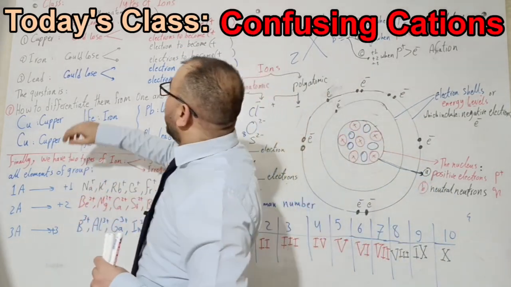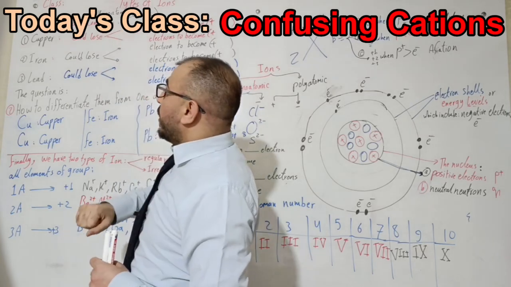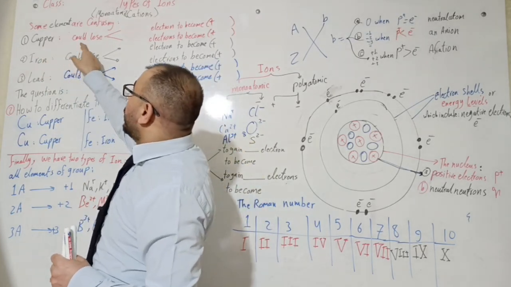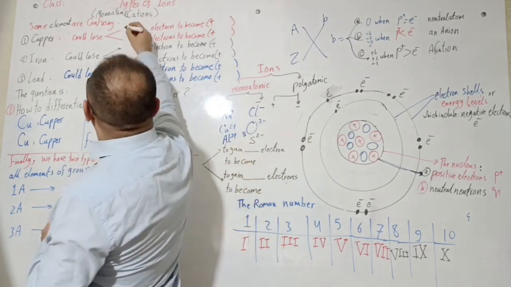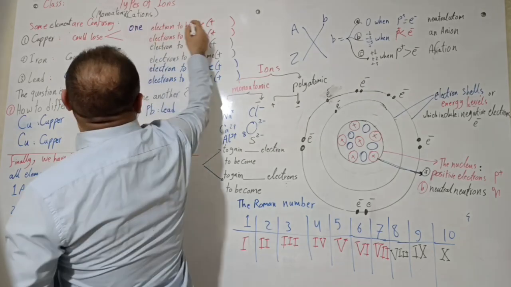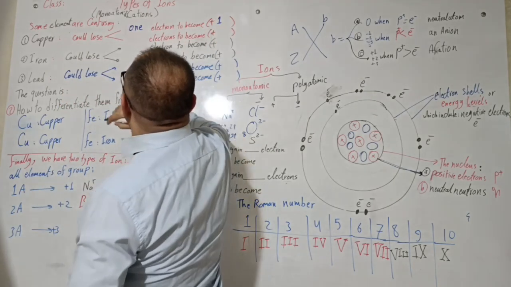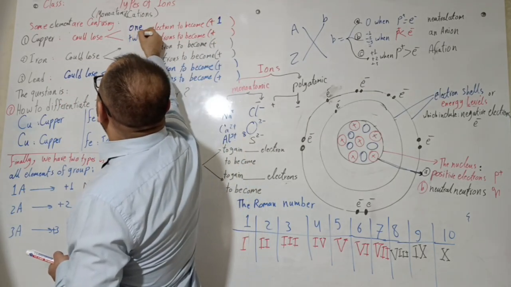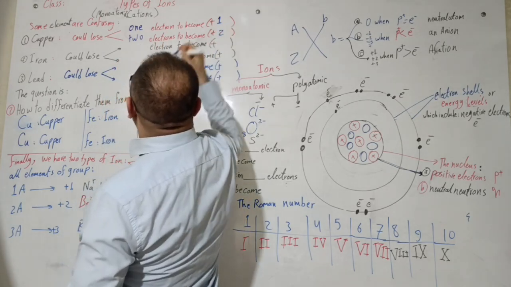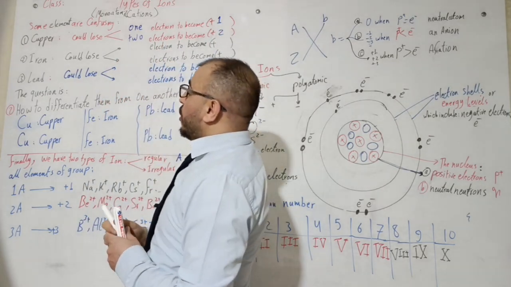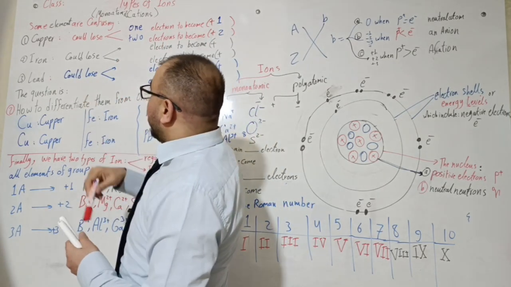Here the question said, some elements are confusing, like copper, which could lose 1 electron to become positively charged with +1, or it could lose 2 electrons, so that it's going to have a +2 charge. Another one is iron.